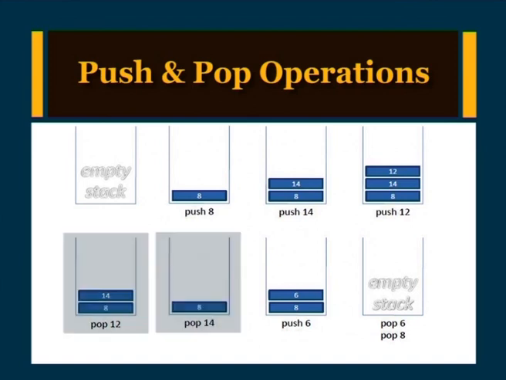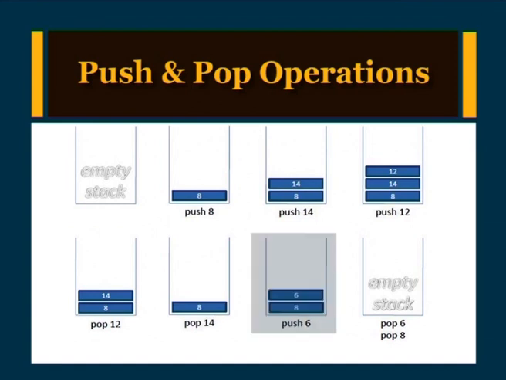Next, the pop operation is executed twice and the values 12 and 14 are removed from the stack. Next, value 6 is inserted in the stack, and finally, the pop operation is again executed twice to delete the values 6 and 8 and the stack becomes empty.